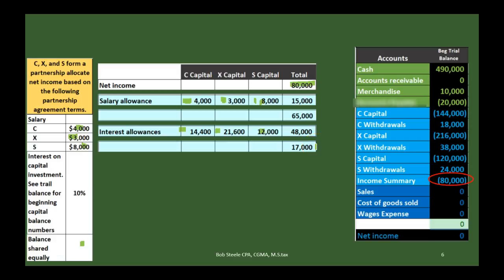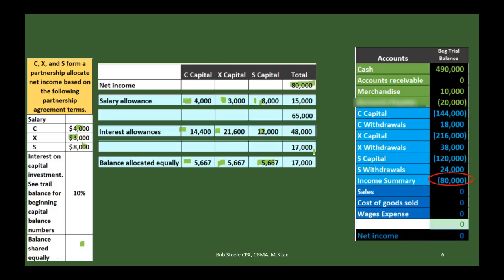And if there's nothing stating what should be done in the partnership agreement under that scenario, then under this agreement, we would take that negative number and allocate it out evenly. We would have to reduce the capital accounts evenly.